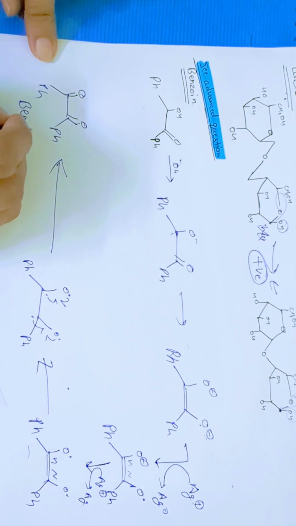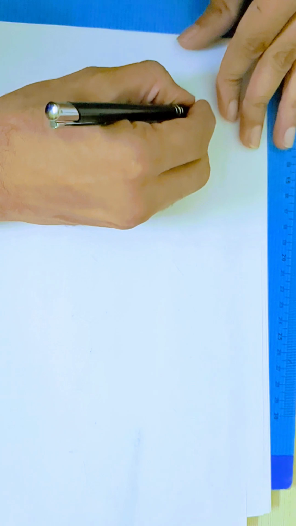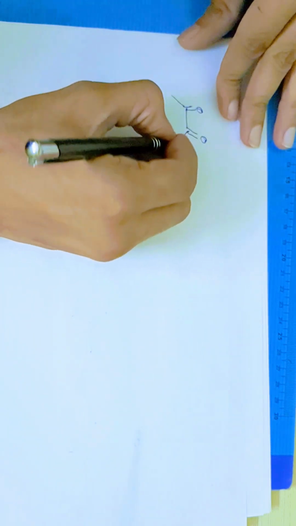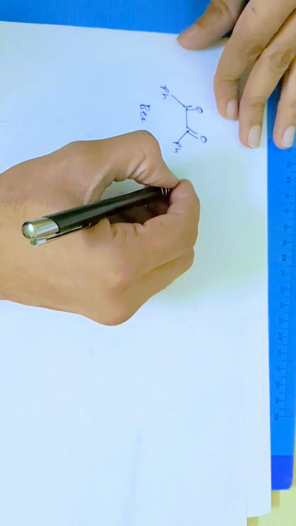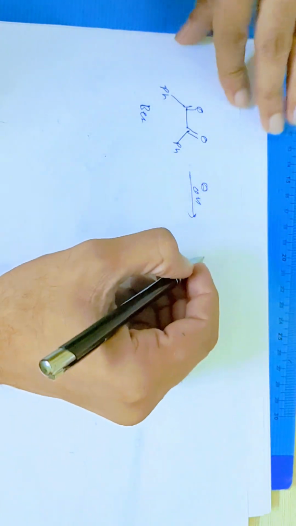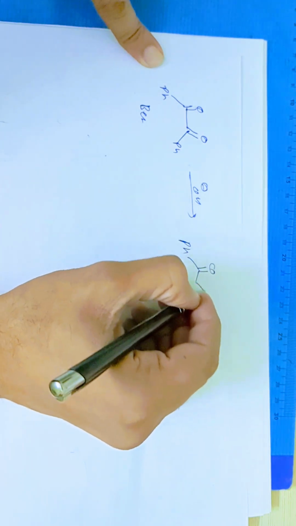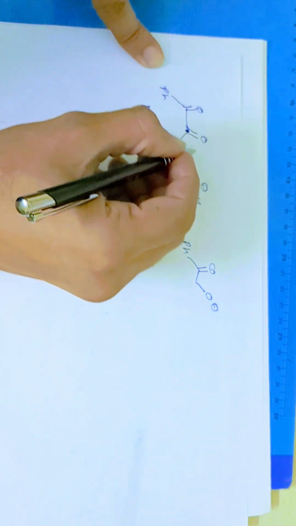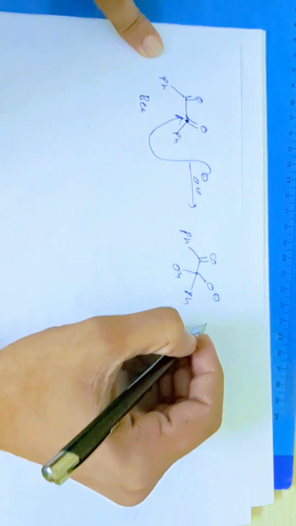Okay, now after benzil formation, so from here we reach the species that is benzil. Now if again we attack with OH negative, here you will see here is a carbonyl center that is electron deficient, so OH and Ph.